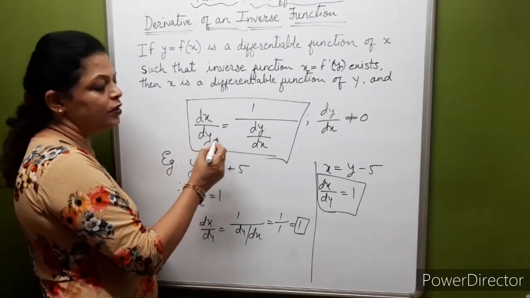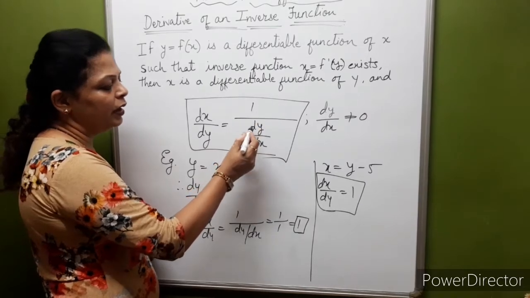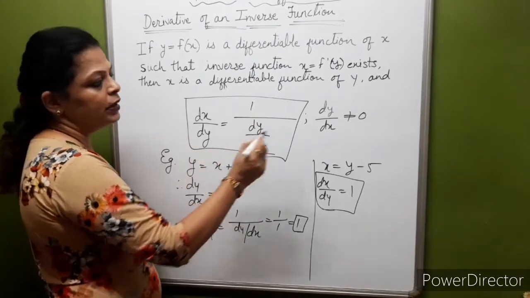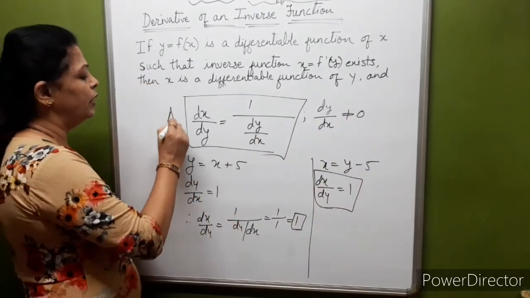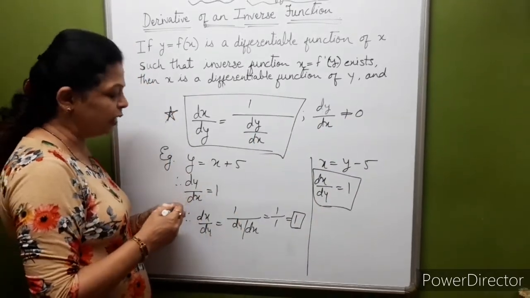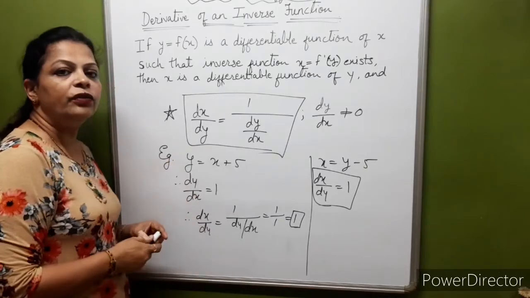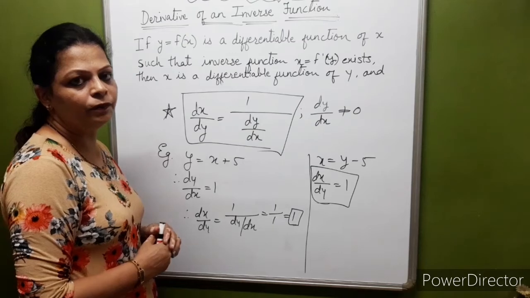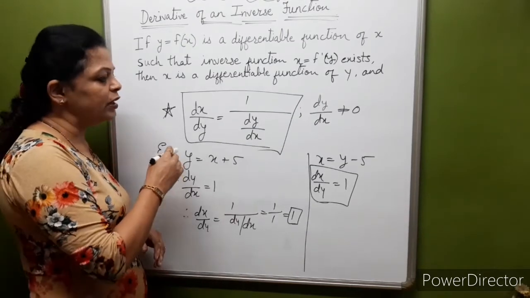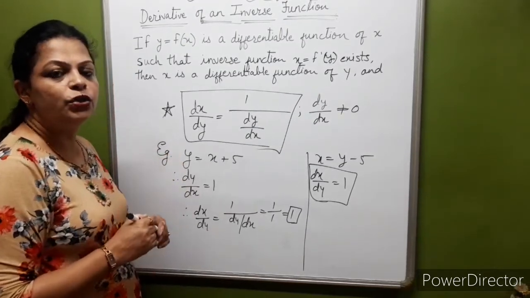Dx upon dy is equal to 1 upon dy by dx, such that dy by dx is not equal to 0. This formula is very important. This is called the formula for the derivative of the inverse function. Fine. So now based on this we have exercise 3.2.